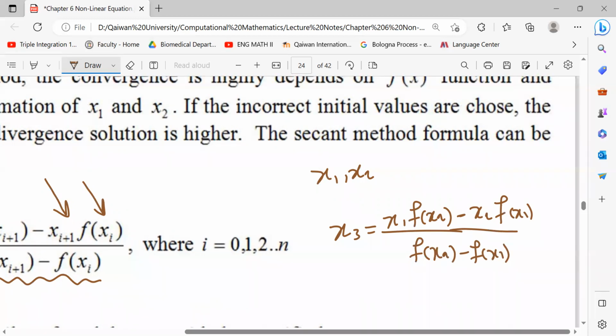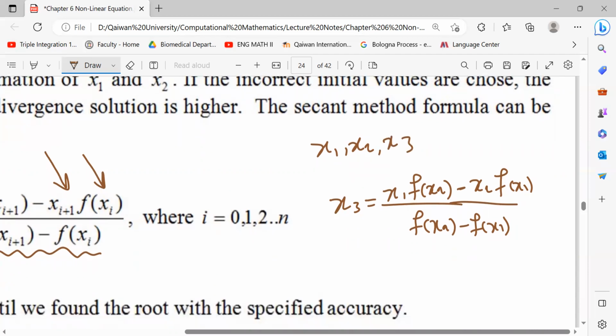So it just works on the values of x1, x2, f of x1, and f of x2. So we first need to find f of x1 and f of x2 and plug those into this formula. You get x3. How to find x4?